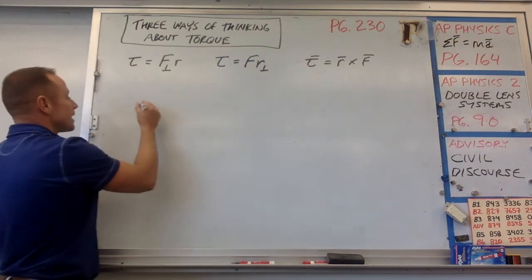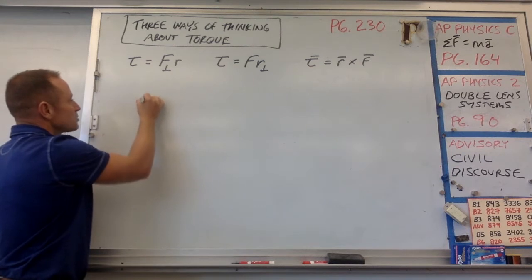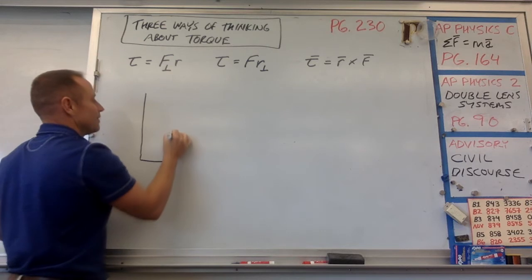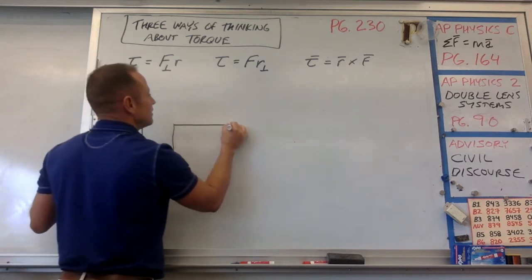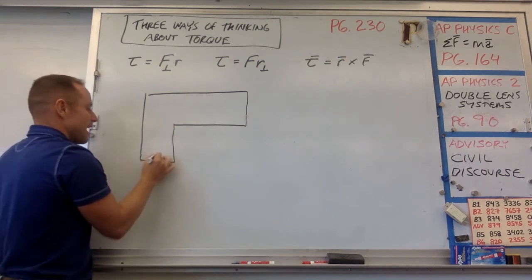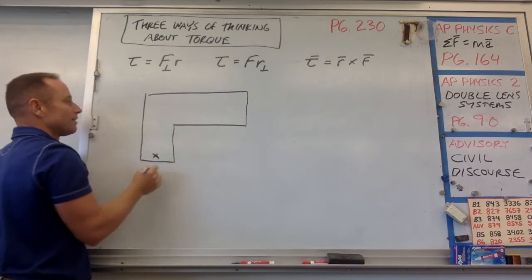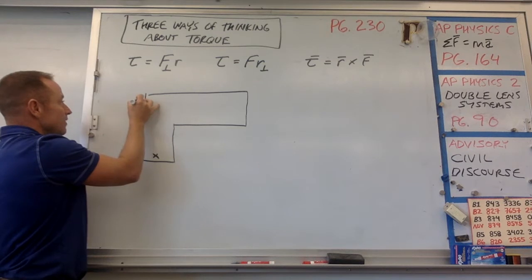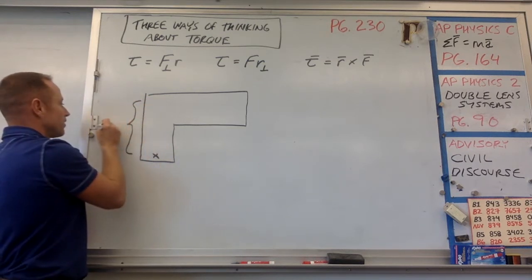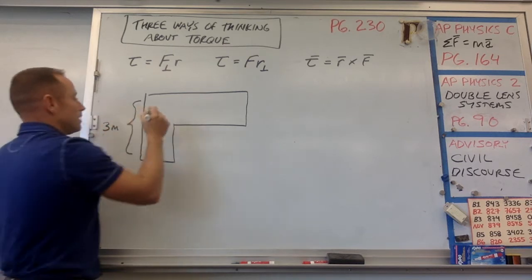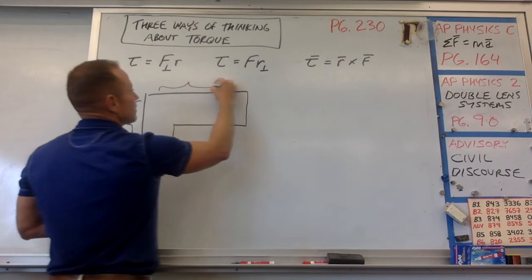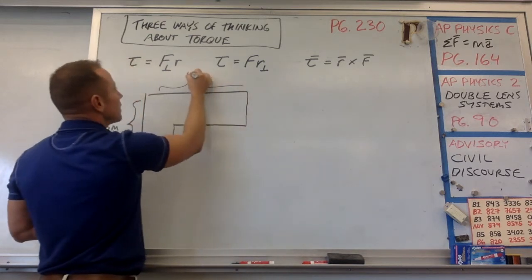So the situation that we'll look at is, let's suppose you have this enormous hunk of metal. We'll make it huge, like an aircraft carrier component or something. And there's an axis right here. And this distance right here happens to be 3 meters, and then this distance here is going to be 4 meters.